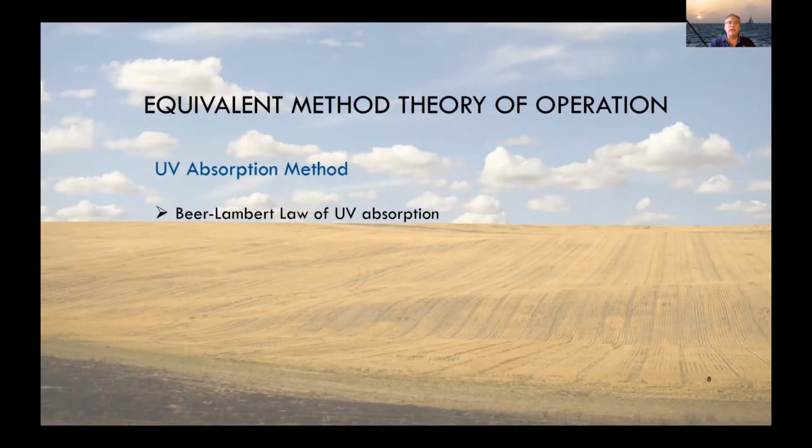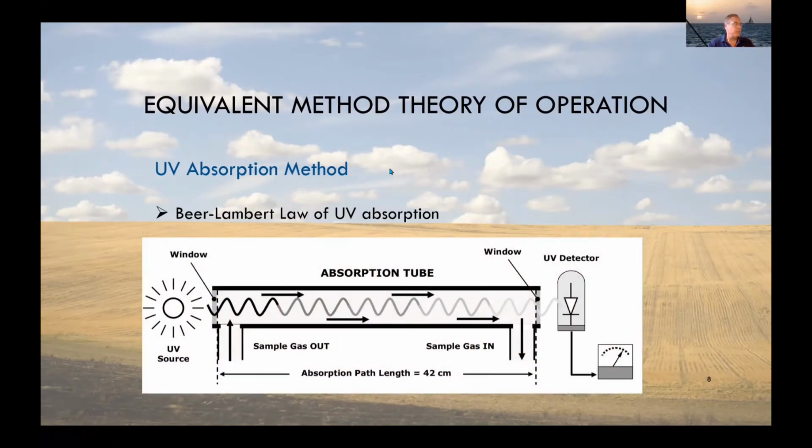So the equivalent method theory of operation, as I mentioned, is based on the UV absorption method, and that's based on the Beer-Lambert law of UV absorption. And simply put, you have some different components here. You have a UV source, you have an absorption tube, and you have a UV detector.